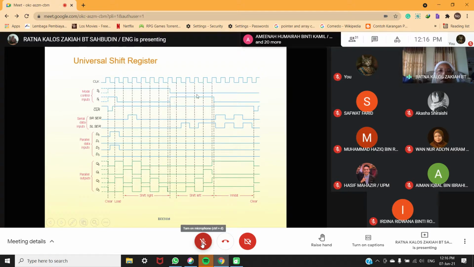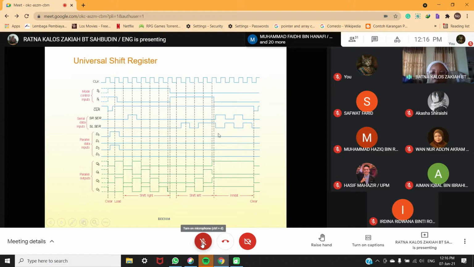Now this shift left, shift right here refers to the mode control input here. So meaning when S1 is high, it will shift to the right, and when S1 is high, it will shift to the left.